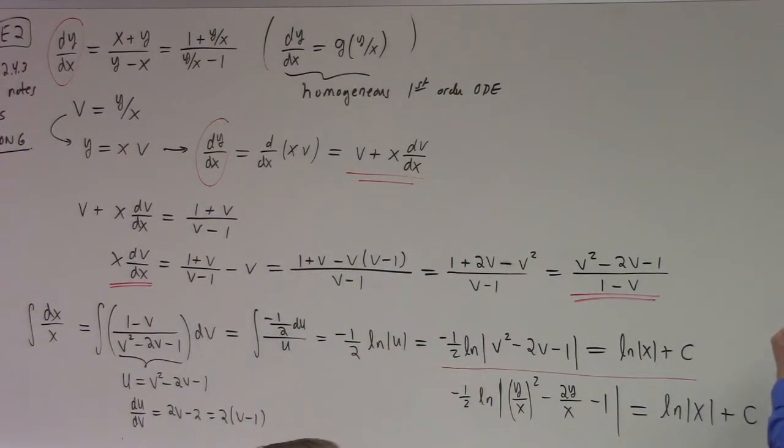Example 3. This is known as a Bernoulli differential equation. Bernoulli. And here it's sort of almost linear. y prime plus xy equals xy cubed. Now, this is my example 2.45.